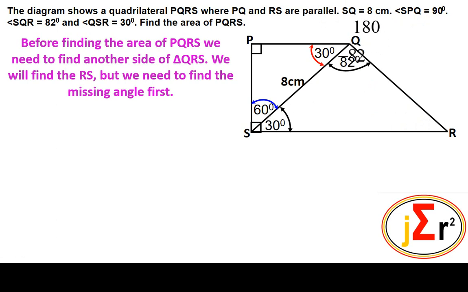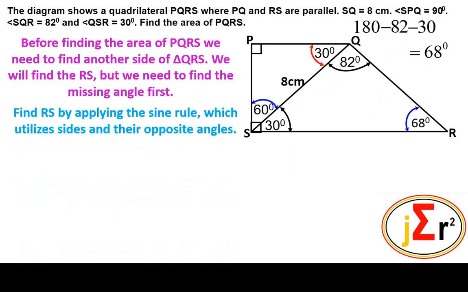Take away the 2 known angles of the triangle, and when we have done that, we will eventually have found the size of the missing angle, and we will go straight ahead in finding the missing side. Well, that's not the only missing side in the figure, but the one that is essential in us moving forward, which is RS.